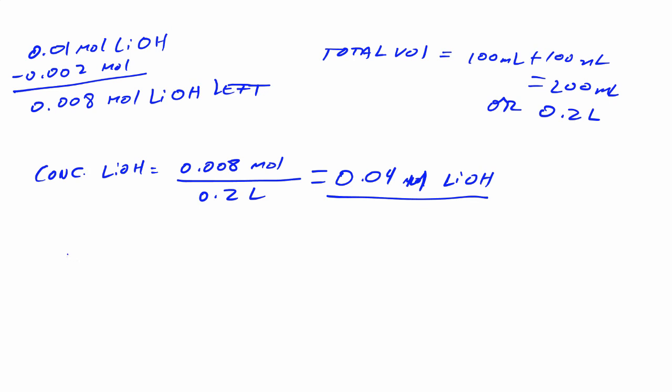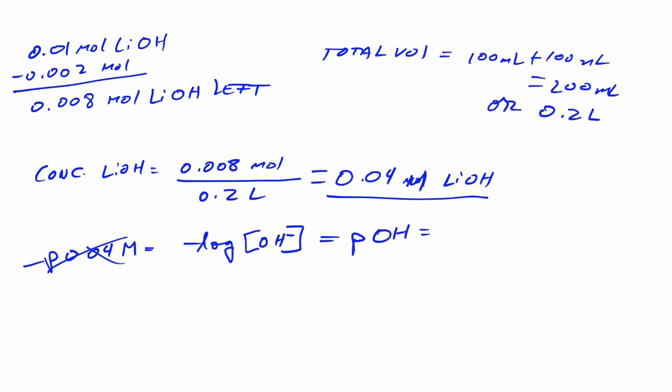So now 0.04 molar, we need the negative log of this. So minus log of the concentration of OH minus equals the pOH. So we take 0.04, take the logarithm of that, then the minus sign, and you get 1.40, which is the pOH. pH plus pOH is equal to 14.